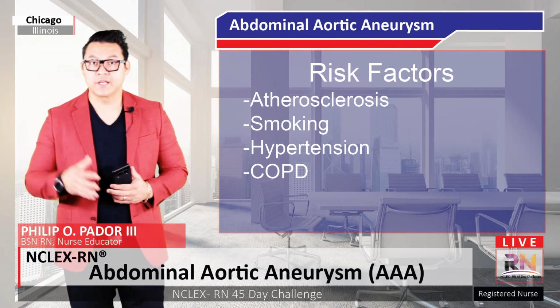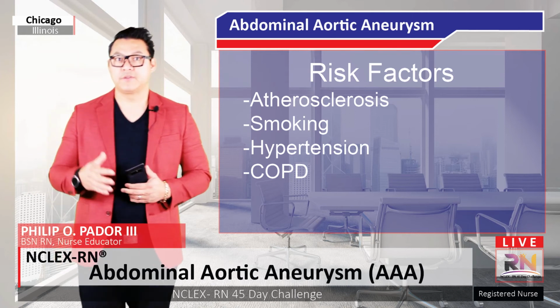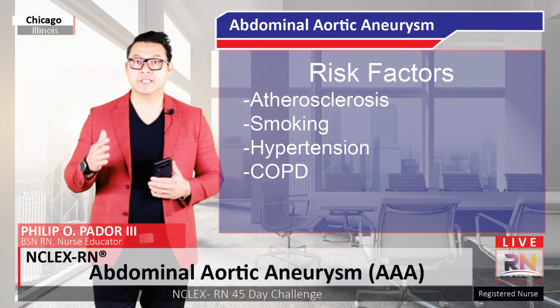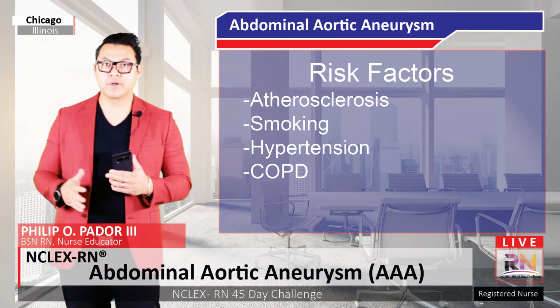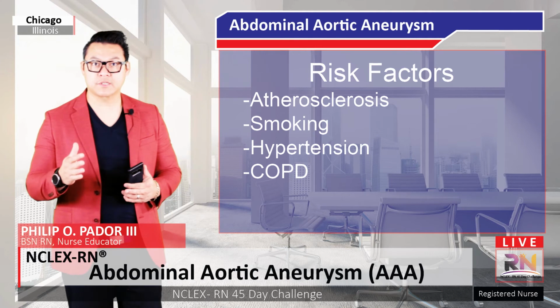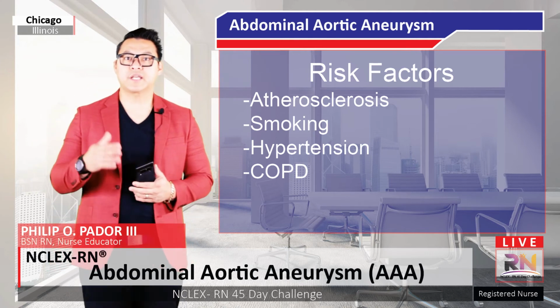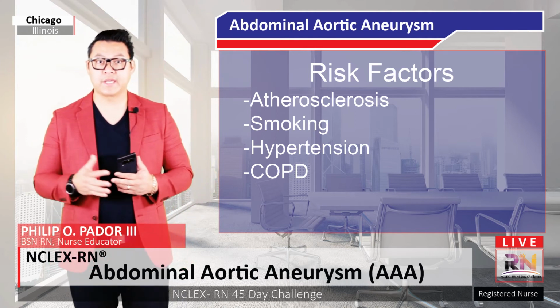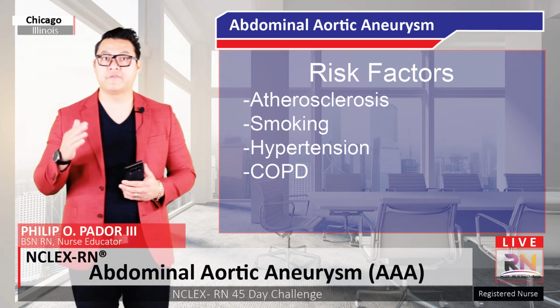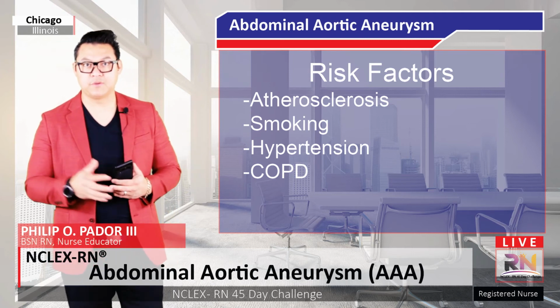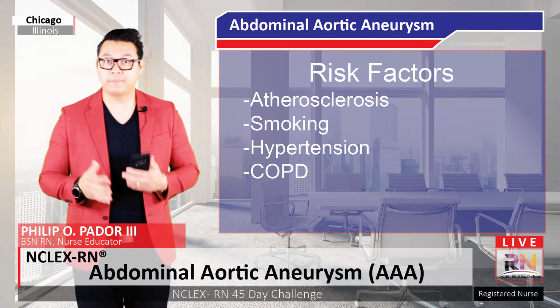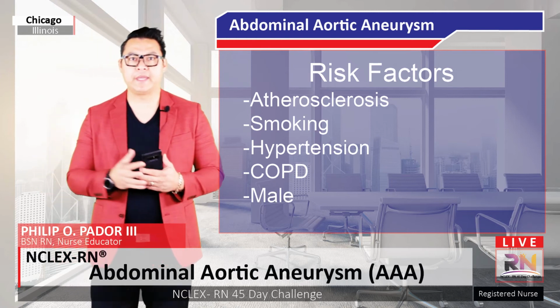Smoking causes atherosclerosis to get worse, and it causes hypertension to get worse, and smoking is the major cause of COPD. So you can see that just by eliminating smoking, you're reducing the risk of developing an aneurysm in a huge way. Another risk factor is being male, simply by being male.